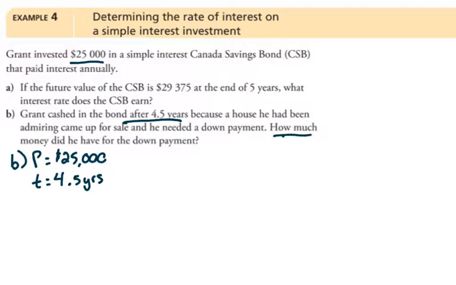I'm asking how much money did he have for the down payment, so what is the A in this case? It will not be $29,375 anymore because he didn't hold on to this investment for the full 5 years. It will be somewhat less than that. But we do know the interest rate that he got, 3.5%.